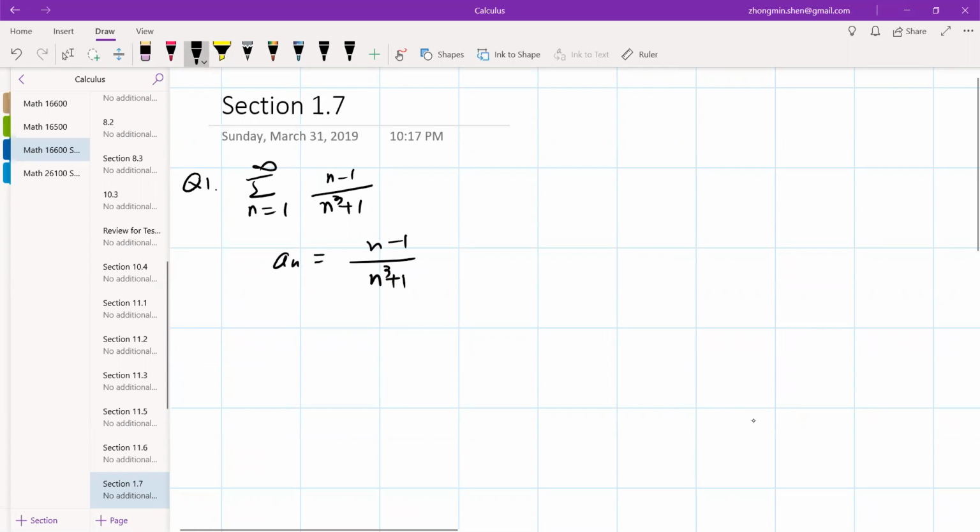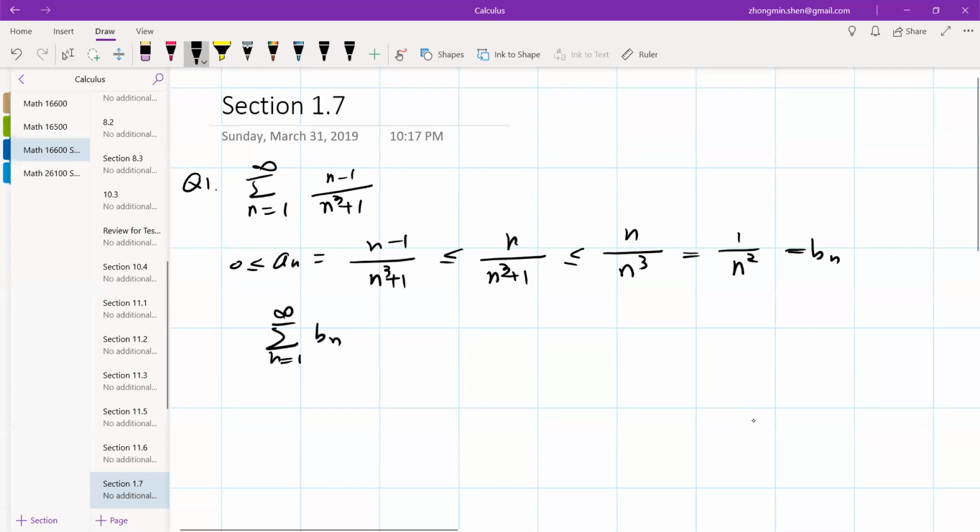You see that this is going to be less than n over n cubed plus 1, and then you enlarge the denominator by dropping the constant 1. After simplifying, this is going to be 1 over n squared, which we call bn. We know that this is positive, so we know that the sum of bn from n equals 1 to infinity is convergent.